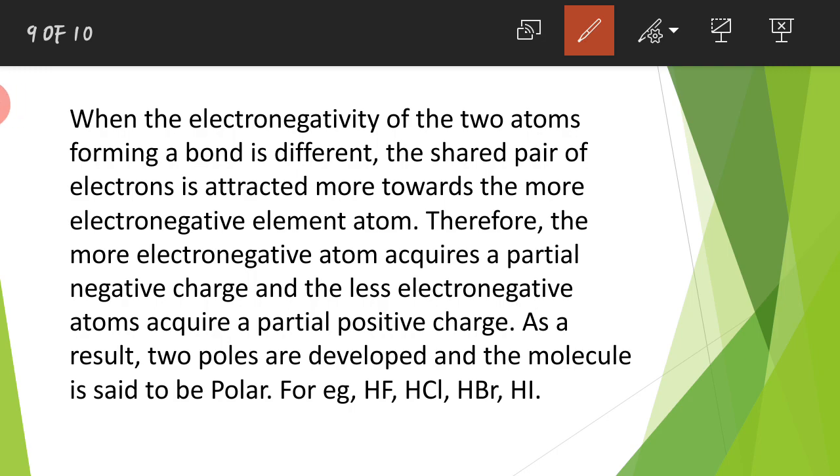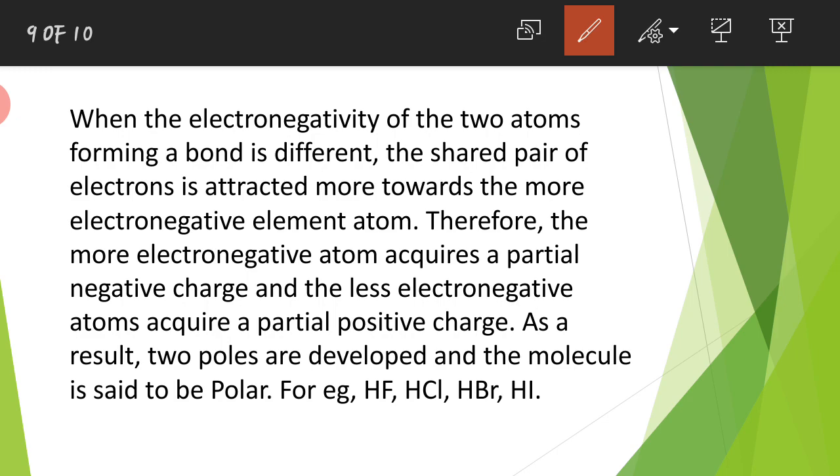When the electronegativity of the two atoms forming a bond is different, the shared pair of electrons is attracted more towards the more electronegative atom.